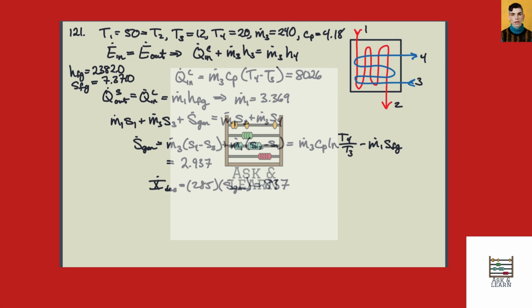So that winds up giving us the exergy destroyed if we multiply by the surrounding temperature, which they told us to take as, what is this, 12 degrees C?